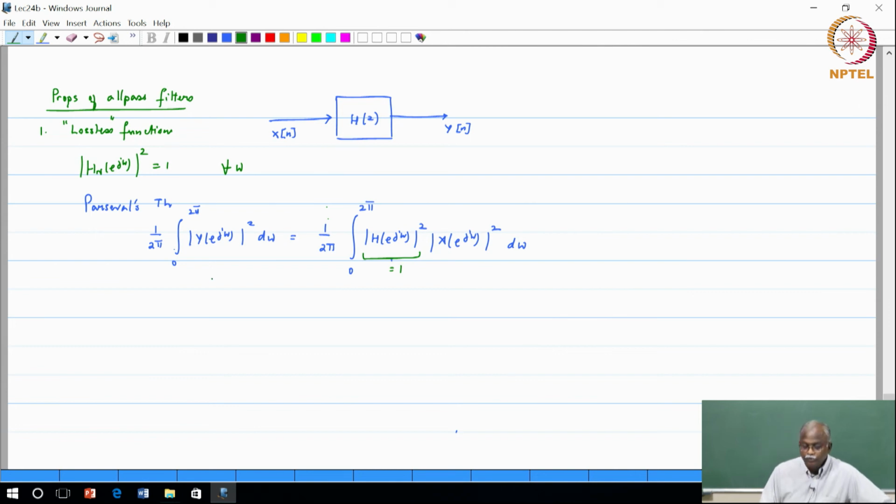Therefore the energy of y is equal to the energy of x. If you write it in the time domain, this will be the sum over n from minus infinity to infinity of magnitude squared of y of n, and on the right hand side the sum over n from minus infinity to infinity of magnitude squared of x of n. Energy is preserved. That is why it is called a lossless function.